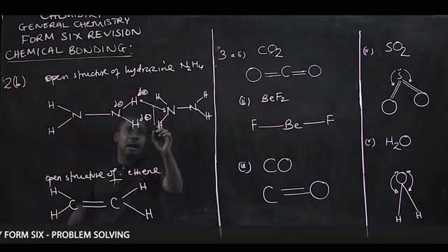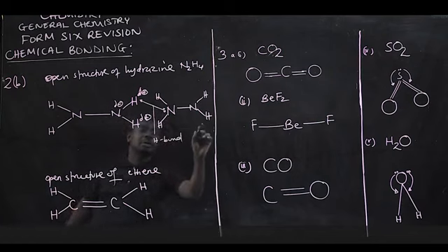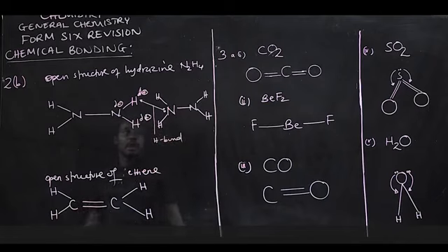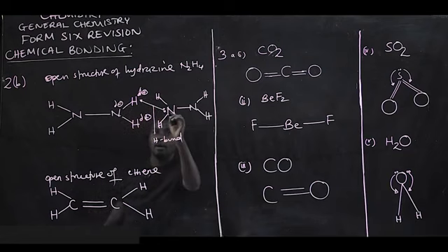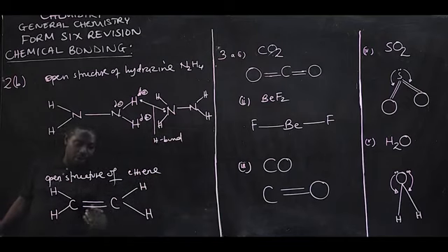Formation of hydrogen bonds between molecules of hydrazine increases the intermolecular force of hydrazine, which gives hydrazine a higher boiling point than ethene. Ethene has 2 carbon atoms bonded by a double bond, and each carbon atom is bonded to hydrogen.